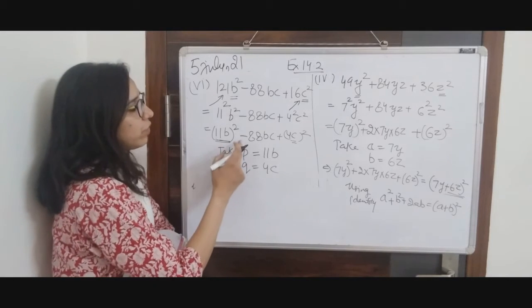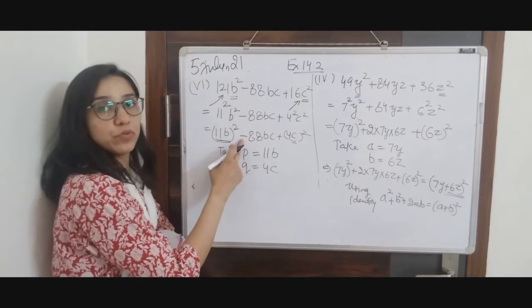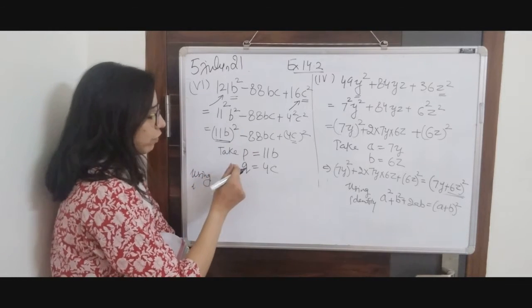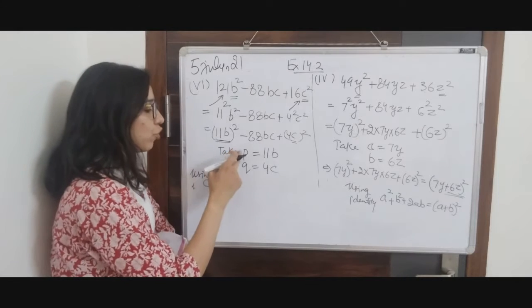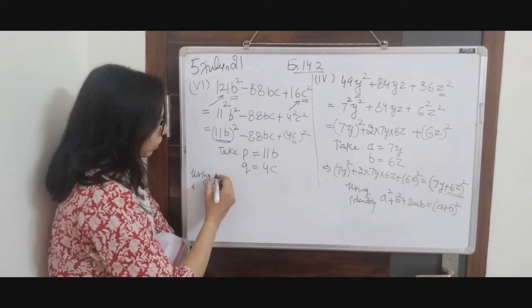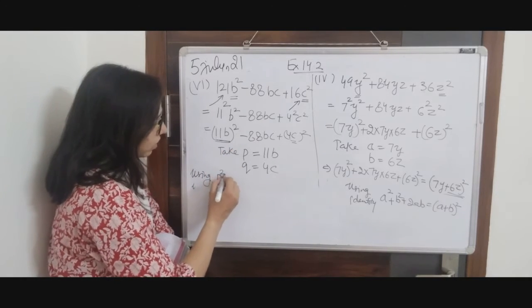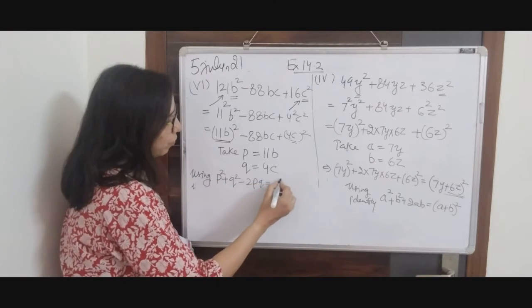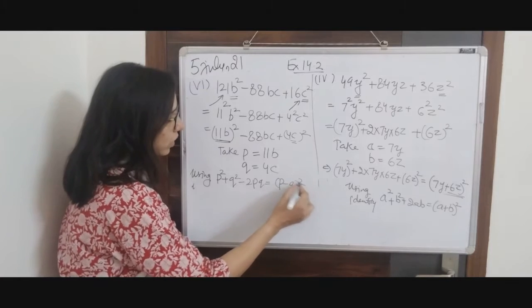Which identity will we use? We will use the second one, because we have a negative sign here. So we will be writing our identity in terms of p and q variables. It will be p square plus q square minus 2pq is equal to (p minus q) whole square.